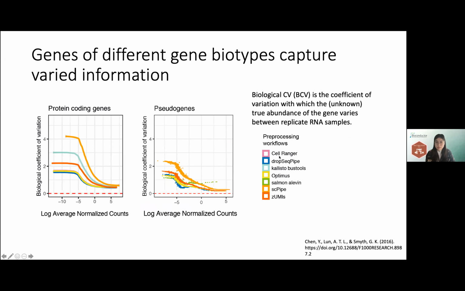Usually a BCV plot will start with a high BCV value, and as the abundance increases, the BCV tends to be asymptotic.